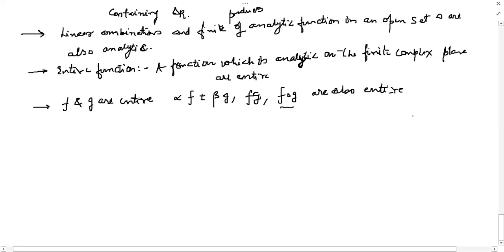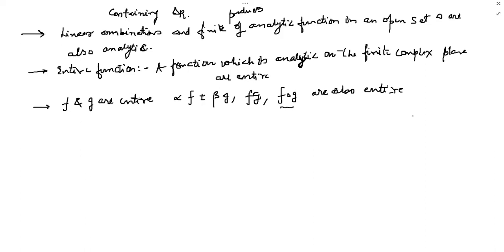If a function is analytic on the entire complex plane, we are not talking right now of the extended complex plane. We'll only talk about that when I introduce the notion of the stereographic projection. But right now, just think that if you include infinity, then it becomes an infinite complex plane.